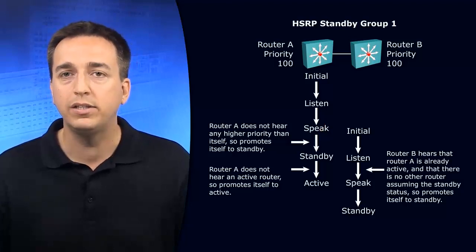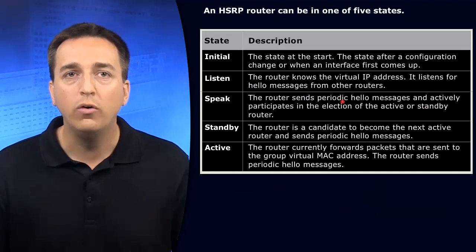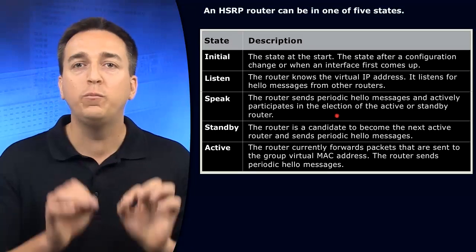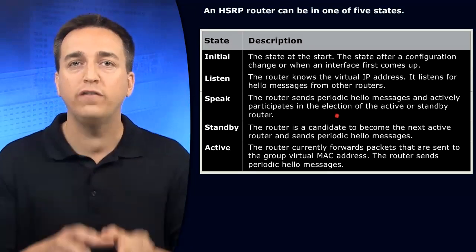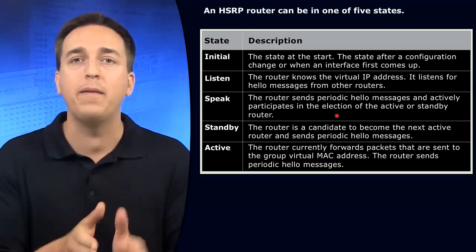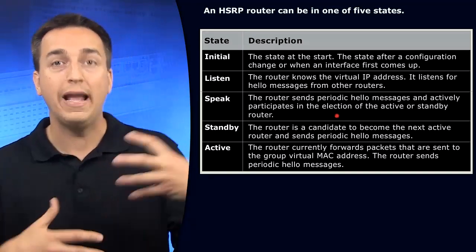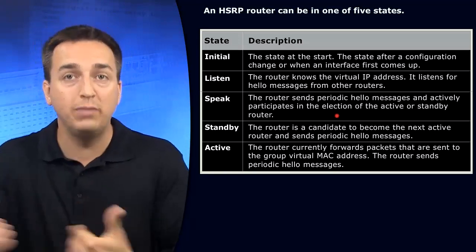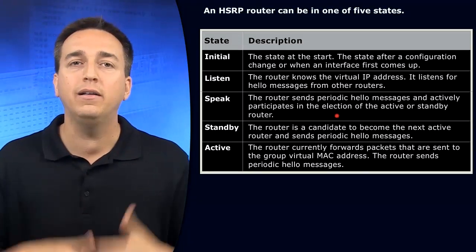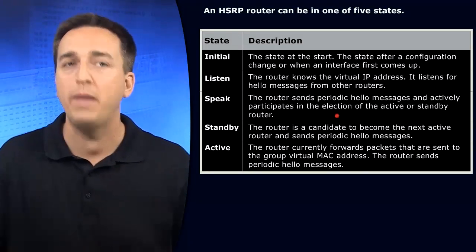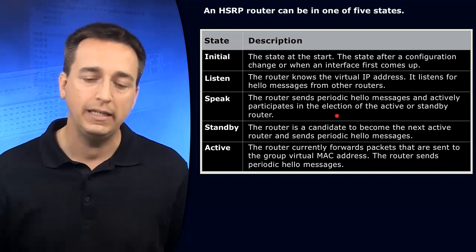And in the speak state, you are now actively trying to participate in the election process. You're trying to figure out if you can become active or standby, because neither of those two roles, or maybe only the active role, exists. So you're trying to become standby. So you're participating in the election process by sending hello messages now. This happens in the speak state.